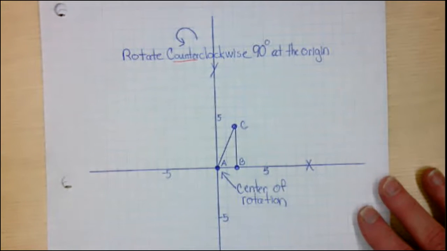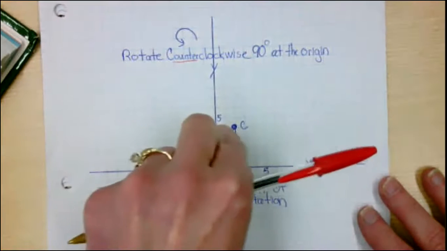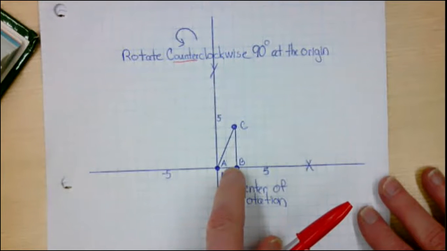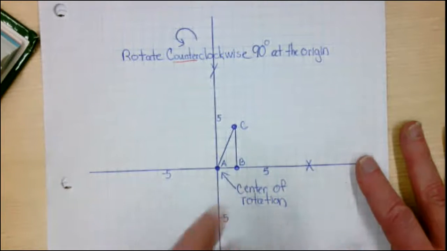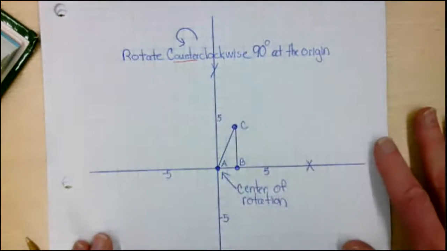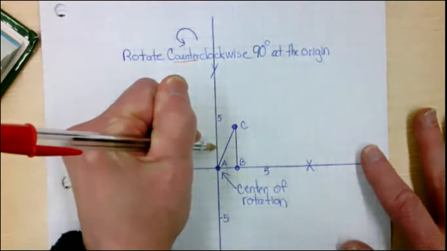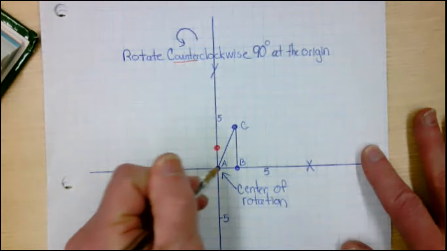So if we do that, if you can picture it in your mind, this side here that's now on the x-axis is going to be on the y-axis when we turn it. So we are going to put our new points. This is going to stay A prime, isn't it?